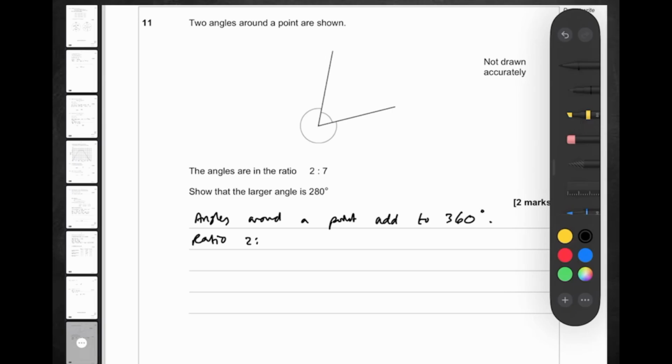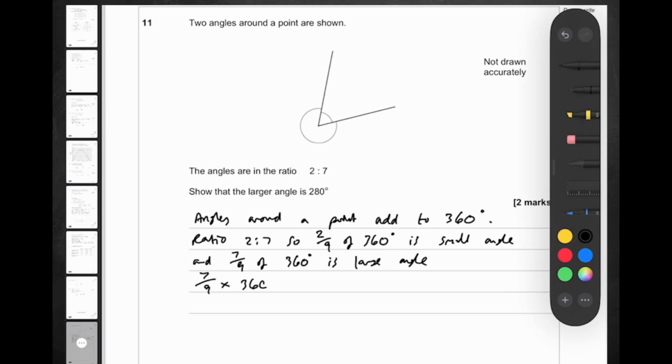Ratio 2 to 7, so 2 over 9 of 360 degrees is the small angle, and 7 over 9 of 360 degrees is the large angle. 7 over 9 times 360 degrees, you can do that on your calculator. It's 360 times 7 divided by 9 is 280 degrees, as required.